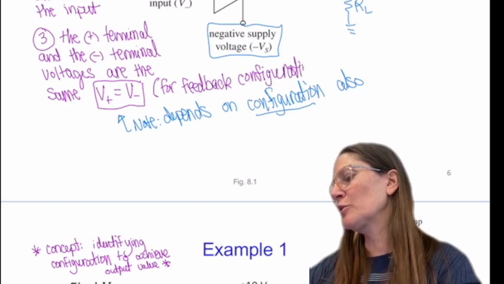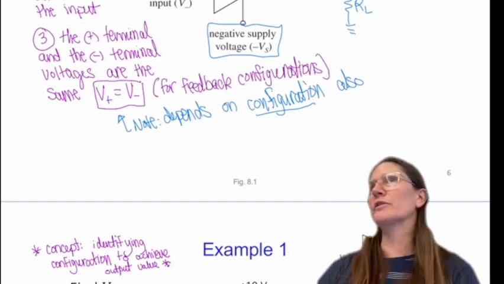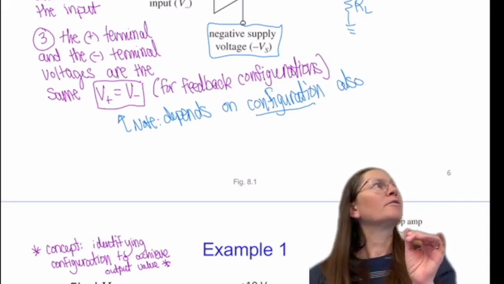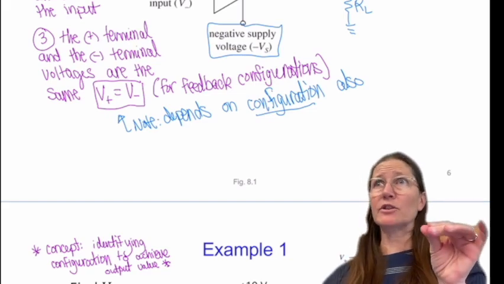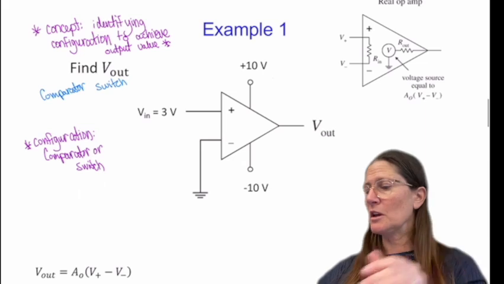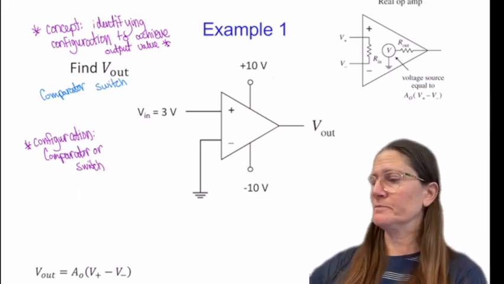And this is used to solve those circuits to get an actual voltage output. If it's not in a feedback configuration, it will be a switch or comparator.